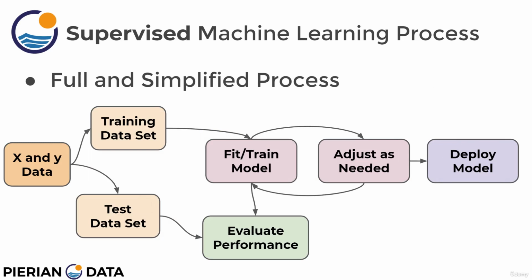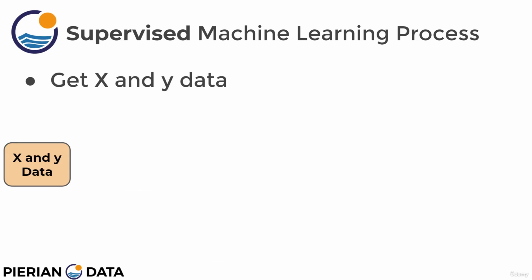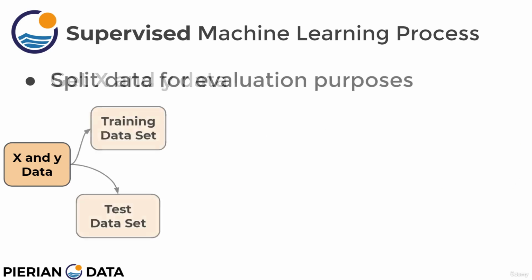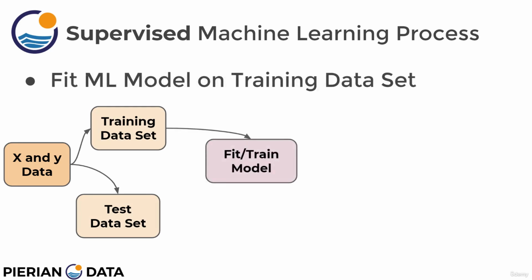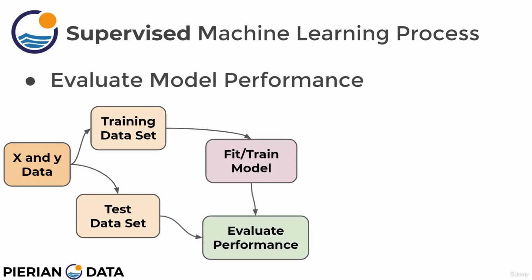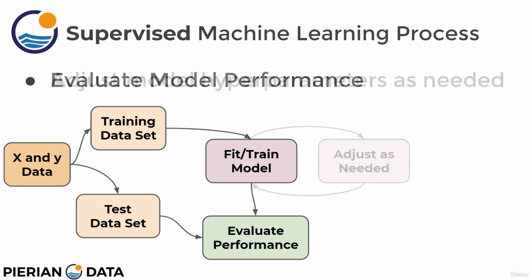So for the full and simplified process of the entire supervised learning, we get our data, separate it out into features and a label, then split the data for evaluation purposes into a training data set and a test set. We fit and train the model on the training data set, and then we evaluate the model's performance on the test data features and compare its predictions to the known y-test label.